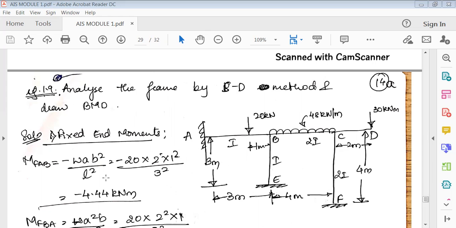First, fixed end moments. So MFAB first. Let's always start from this end.